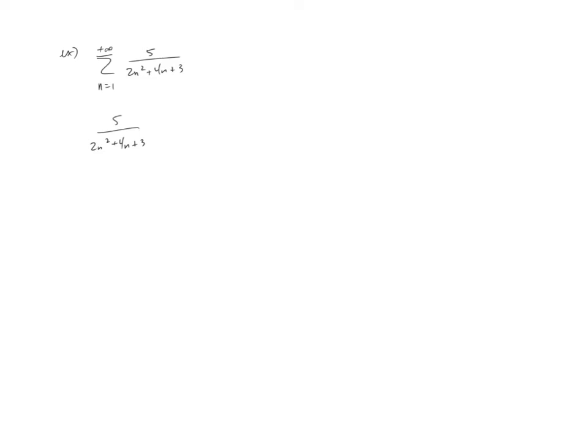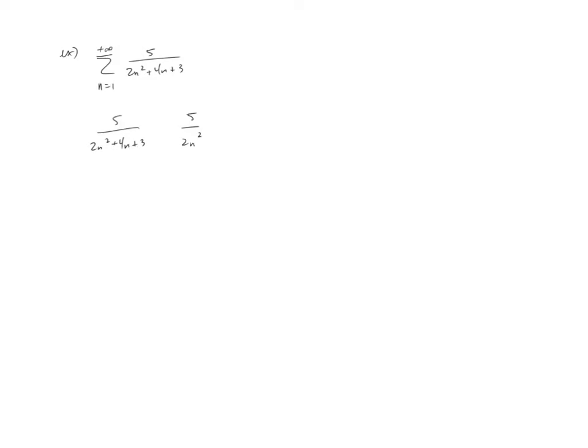As I look at this, I see that the dominant part of the original would be the n squared on the bottom. That's going to dominate all of this stuff. So I'm going to investigate now 5 over 2n squared. As you can see, this would be a smaller number than the original because the denominator would be increasing.